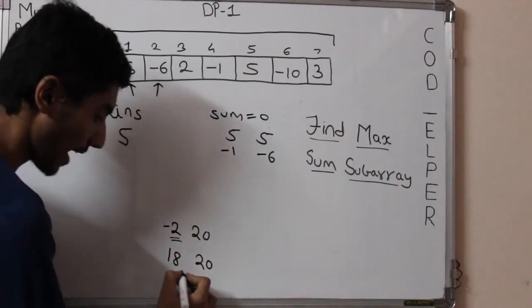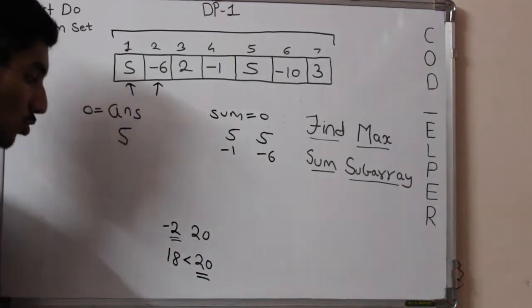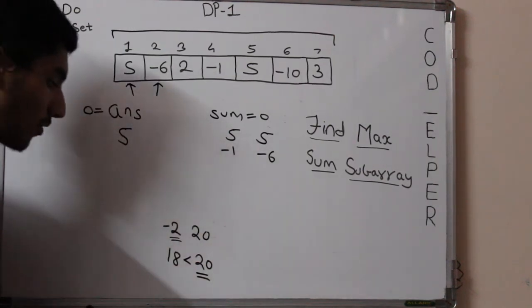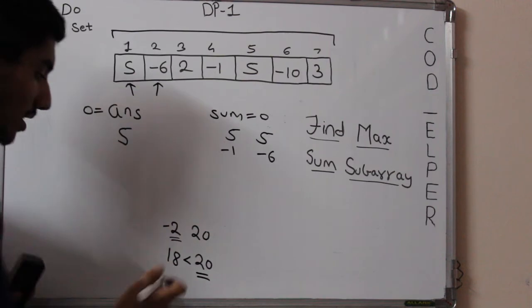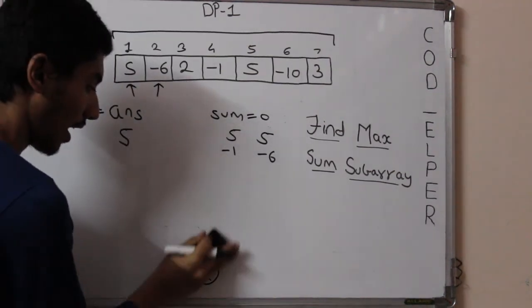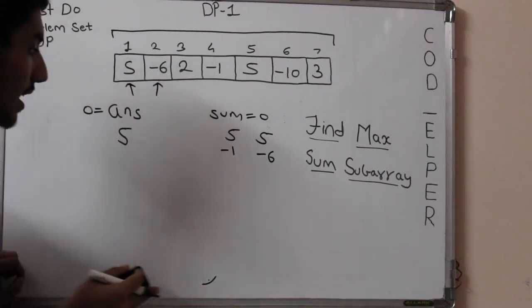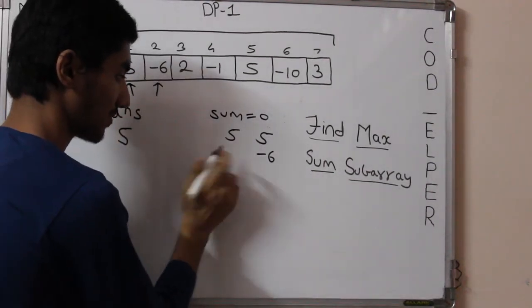As we see that 20 is greater than 18, so when we do not add the negative numbers, the sum is greater. So whenever our sum is less than 0, we have to make it equal to 0.